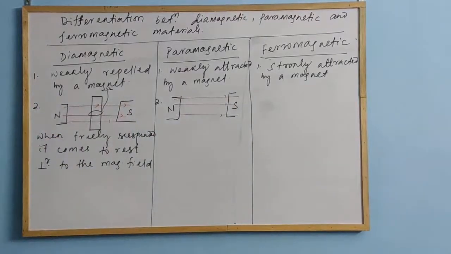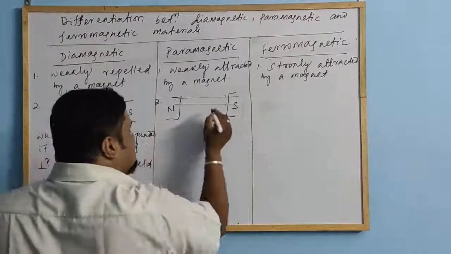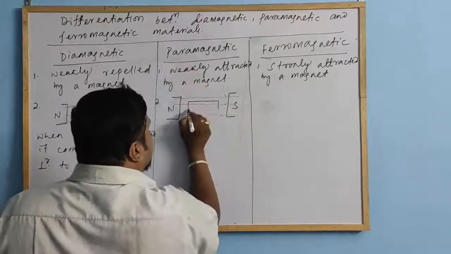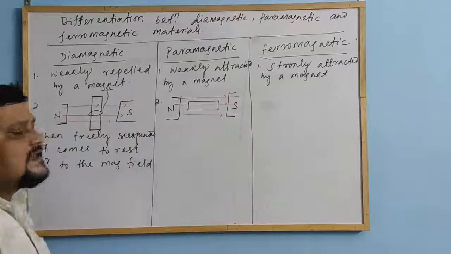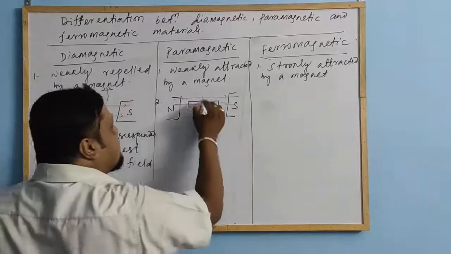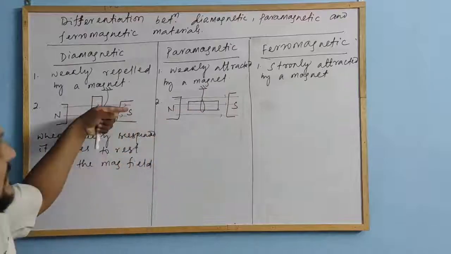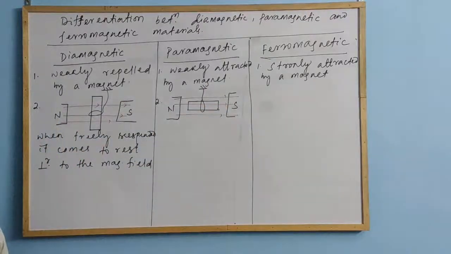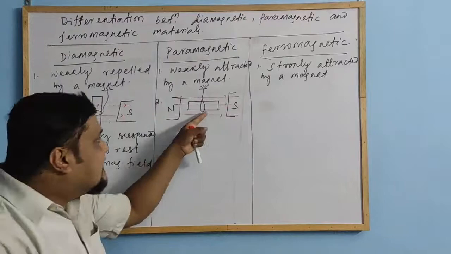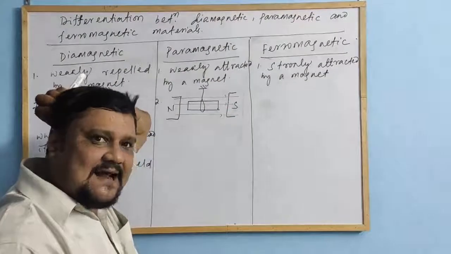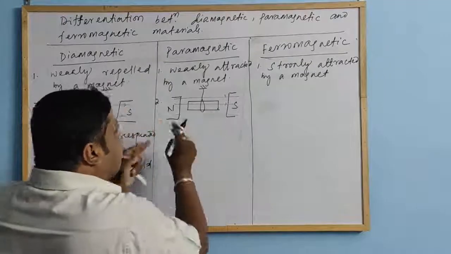If the paramagnetic rod is freely suspended, it comes to rest like this, along the direction of the magnetic field. But it comes to rest slowly because these are weakly attracted.